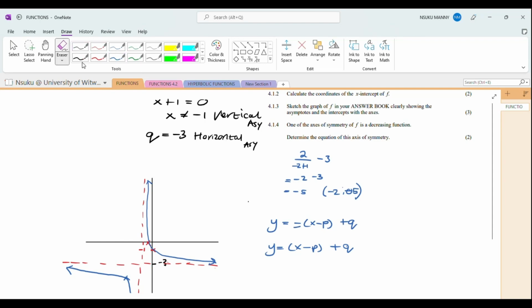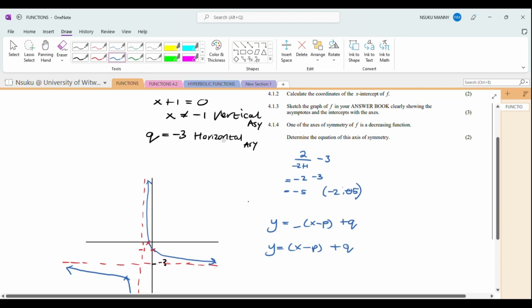Let me just erase it quickly. It's that negative in front, that's the only difference. But this equation right here is what we call a decreasing equation, or it will form a decreasing function. The reason being is that the negative makes your gradient negative.